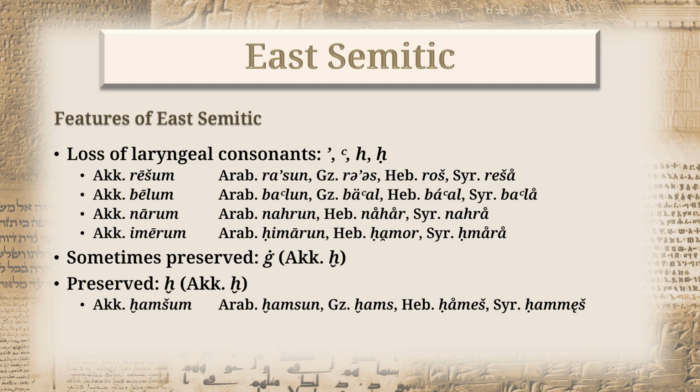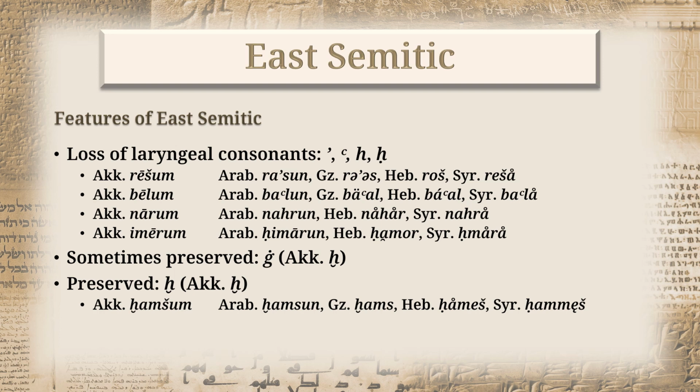over those distinctive features. So one of the features of East Semitic, at least of Akkadian, is the loss of laryngeal consonants. To be precise, the loss of laryngeal consonants after Old Akkadian. So in Old Akkadian, it looks like those consonants were still there, but in Old Babylonian and Old Assyrian, it seems like they are not there anymore.